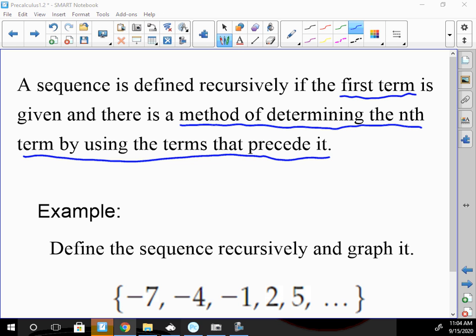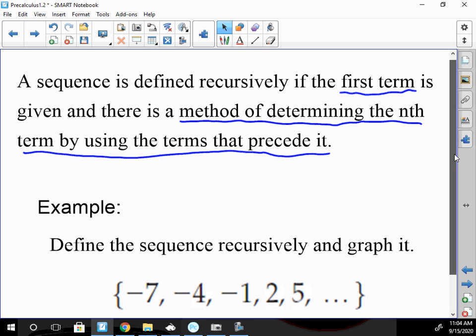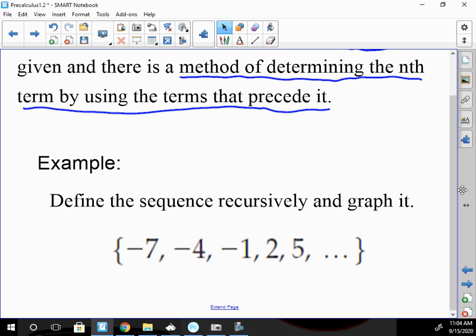In most cases, I will be able to define it recursively as long as I'm given my first term. Take, for instance, this example. We have a first term. This is exactly where it starts, at -7. That is our first term. So we have this first term in the sequence, which is -7.